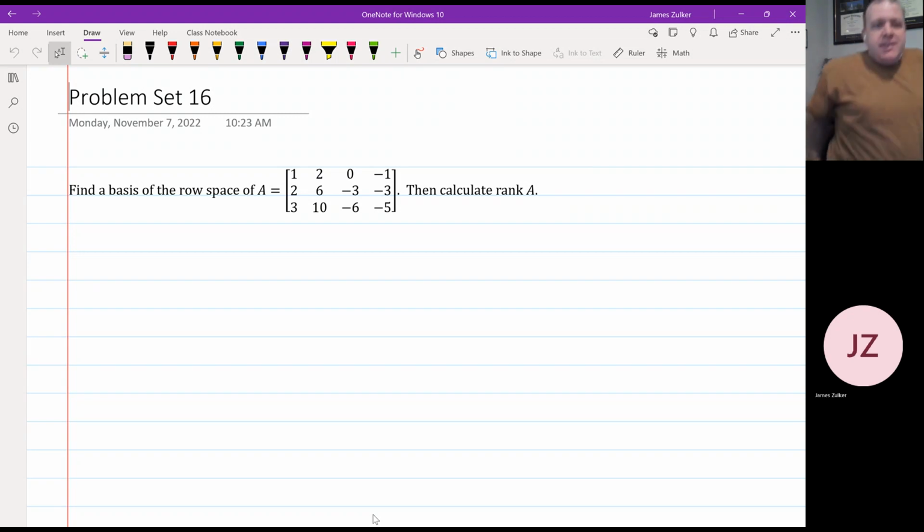All right, find the basis of the row space of this 3x4 matrix, and then we want to calculate the rank. So what we're going to do is take a look at the matrix.